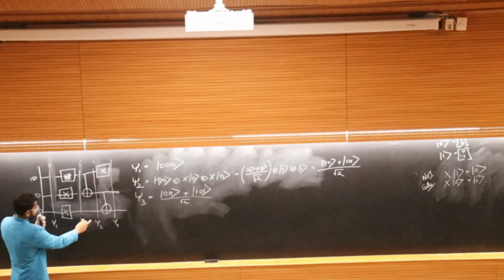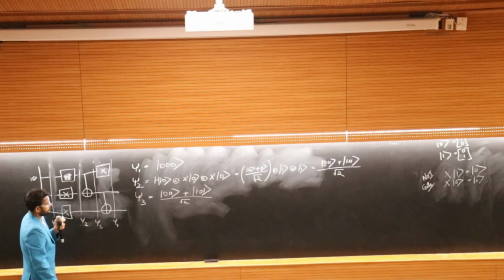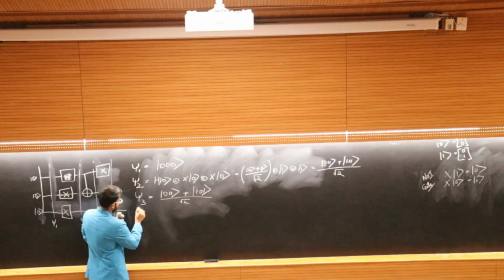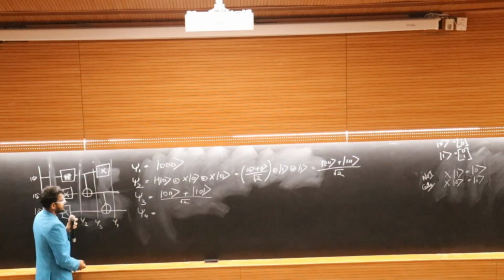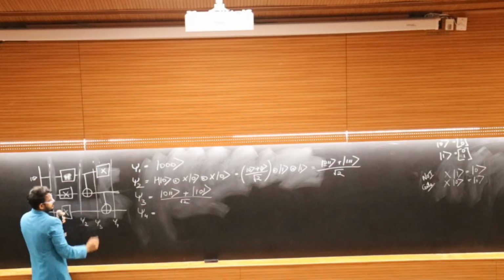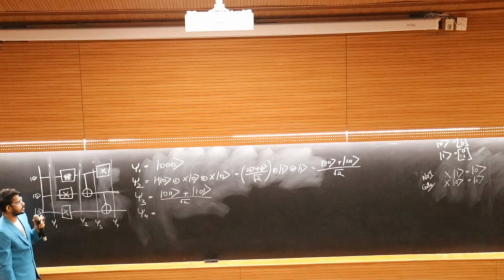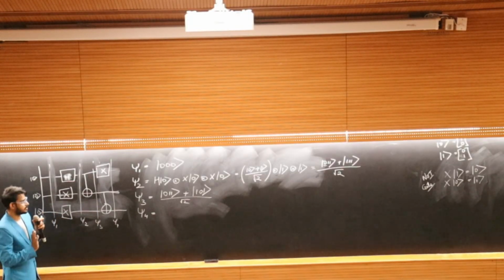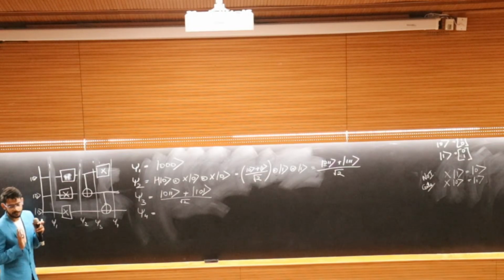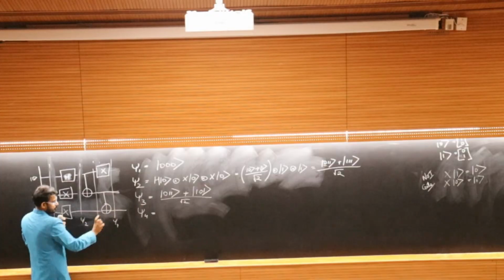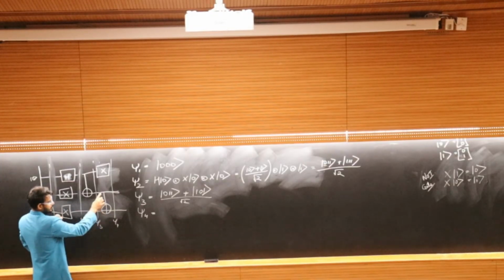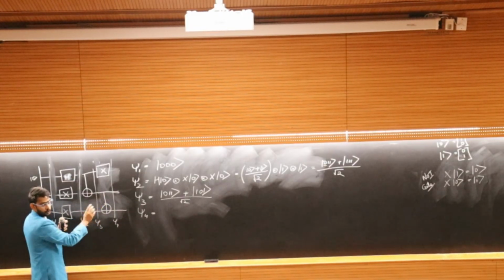Next we have to find psi 4. One thing we can see is that X naught is applied on the first qubit, so the first qubit will absolutely flip. Then you see the second and the third qubit. If the second qubit is 0, it won't do anything.